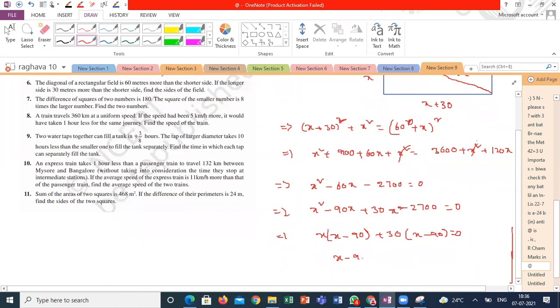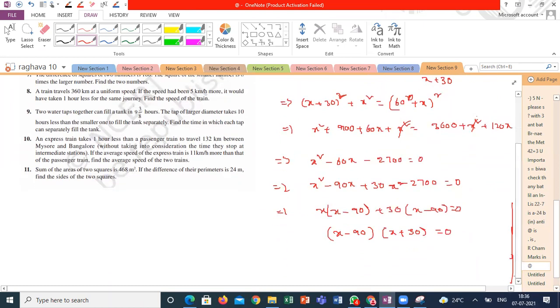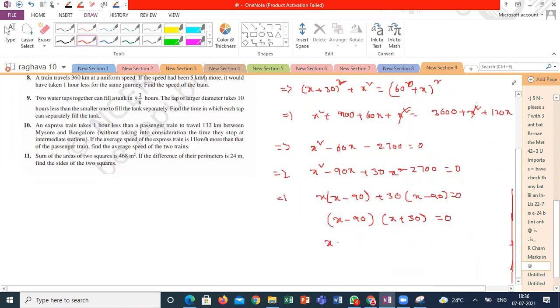So x minus 90 into x plus 30 is equal to 0. x equals 90 or minus 30. Minus 30 is not possible because it is a length. So x equal to 90 is the possible answer.